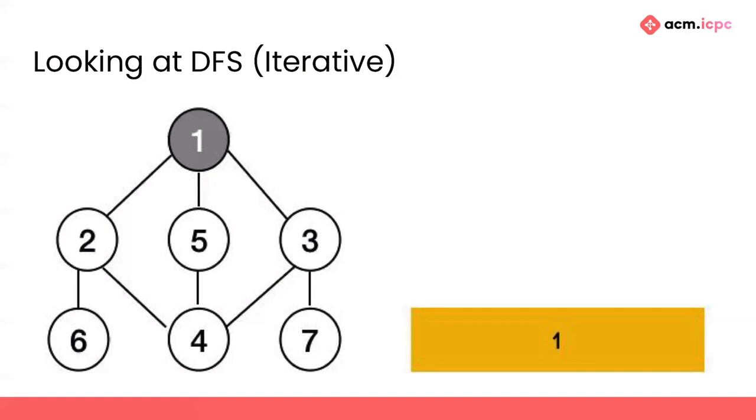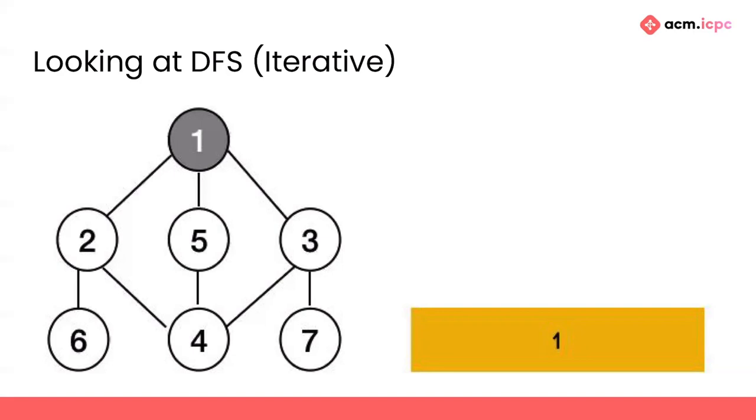So, does anyone know the difference between a queue and a stack? If you've taken CS32, the main difference is the order in which you add and remove items from it. For a queue, we add things to the back, and when you remove things, you remove them from the front.